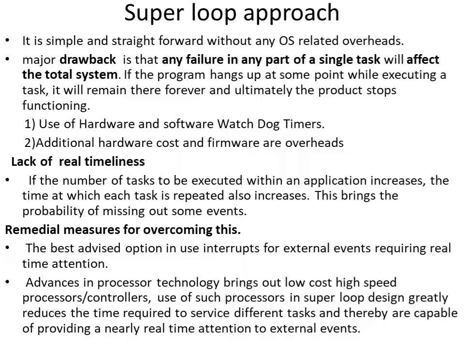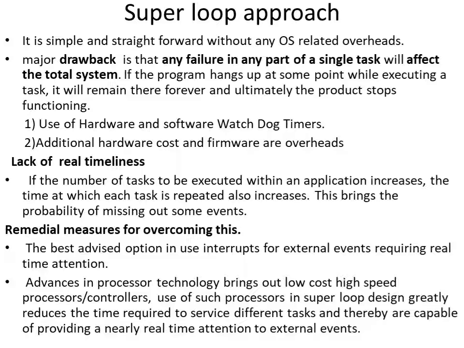That is, the key pressing event may not be in synchronization with the key press monitoring task within the firmware. So in order to identify the key press, you'll have to press the keys for a sufficiently long time till the keypad status monitoring task is executed internally by the firmware. So this will not have real timeliness.